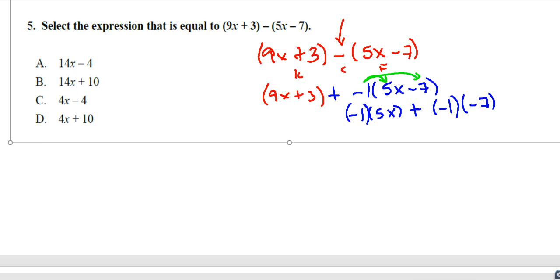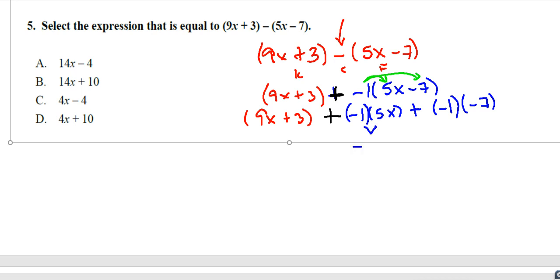And since I didn't do anything with the 9x plus 3, I'm going to bring that down. So now my plus sign is still there. I haven't done anything with that. That's going to help to eliminate some confusion. So now I'm going to do my multiplication.